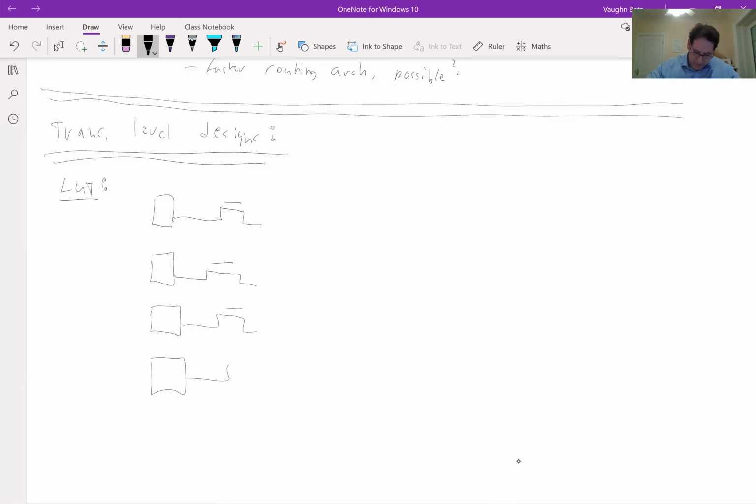Okay, so let's see how well I can draw this. My inputs to a 2-input lookup table, I'm going to have 2 inputs. Let me think of what the best way to draw this is. I haven't drawn this in OneNote before. Let me just draw all the multiplexer transistors first.